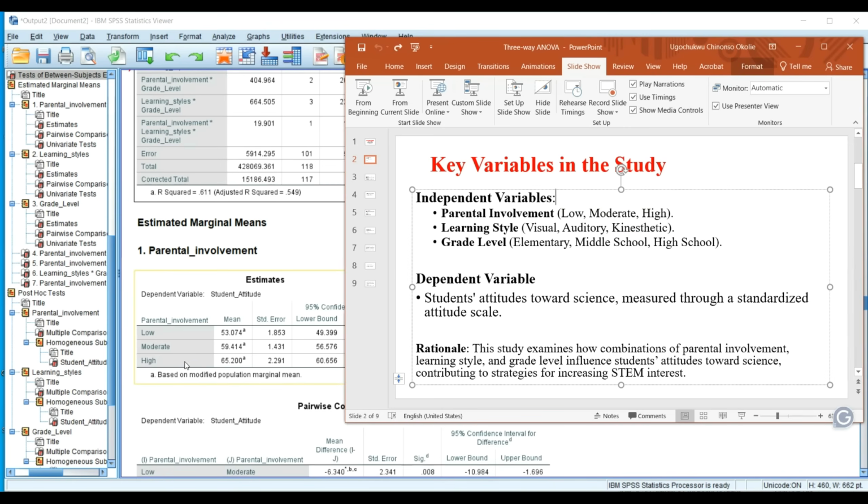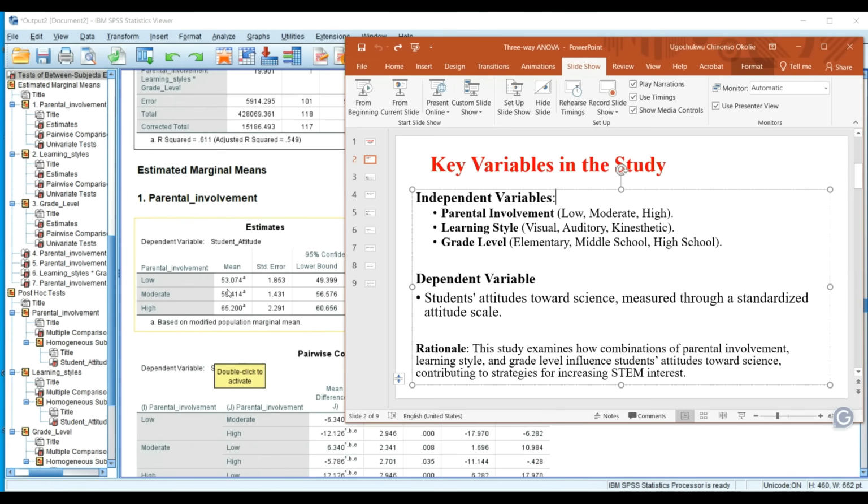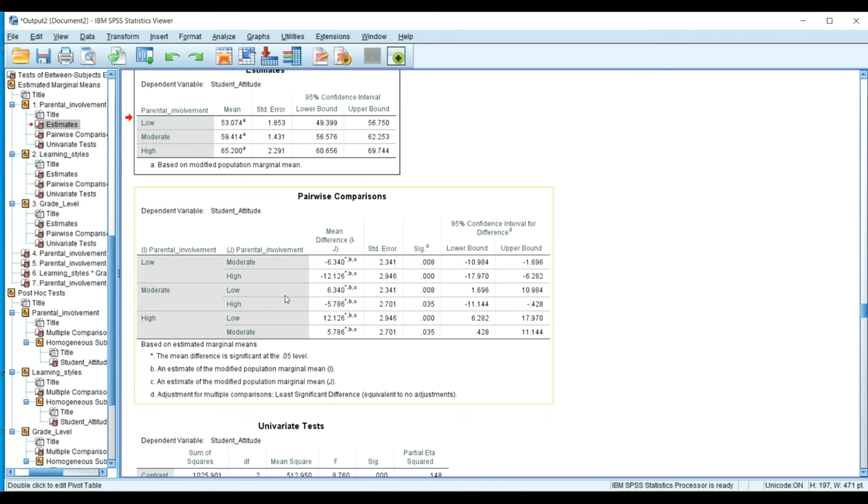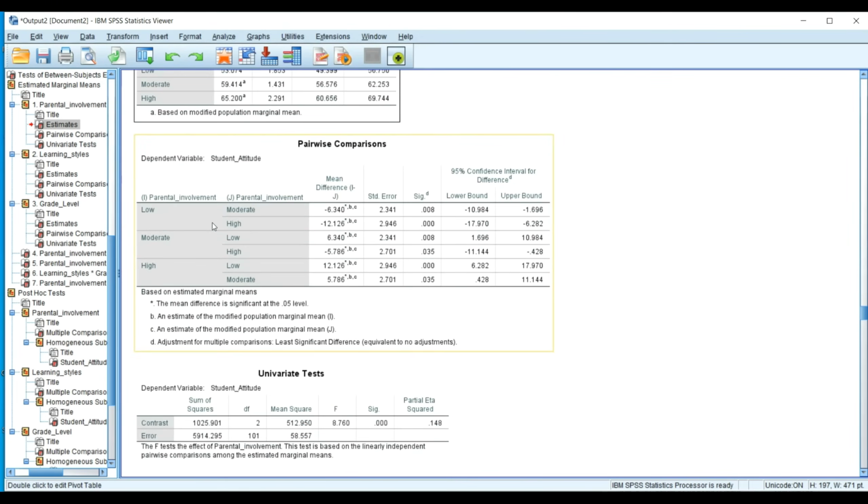So in this case, we can now confirm that for parental involvement, those whose parents are highly involved in their academic activities are most likely to have a higher attitude towards science. You can also look at the pairwise comparison test.